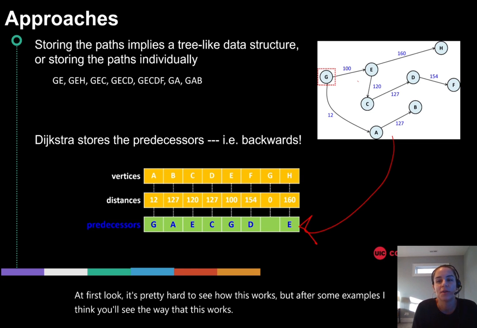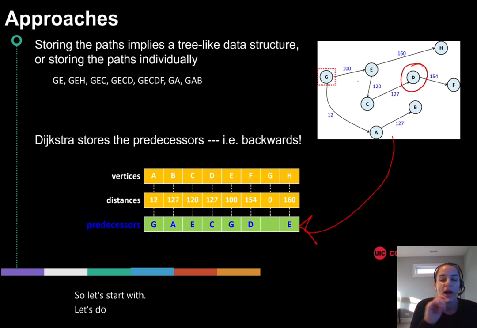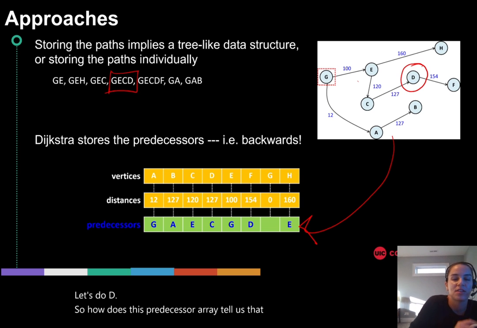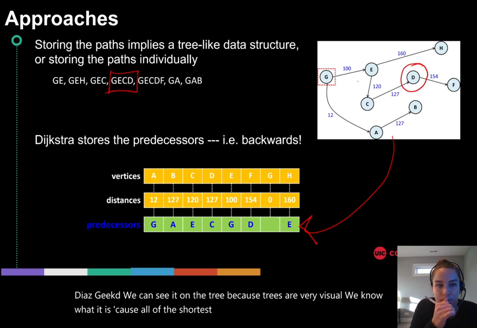So let's start with, let's do D. How does this predecessor array tell us that the shortest weighted path to D is GECD? We can see it on the tree because trees are very visual. We know what it is because all of the shortest weighted paths are written here. But how does the predecessor array tell us that?